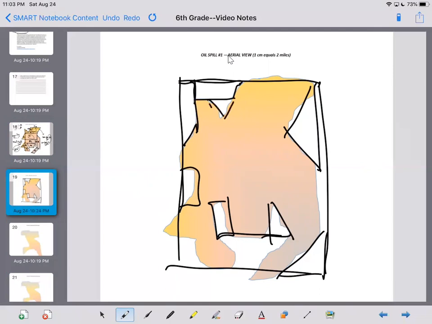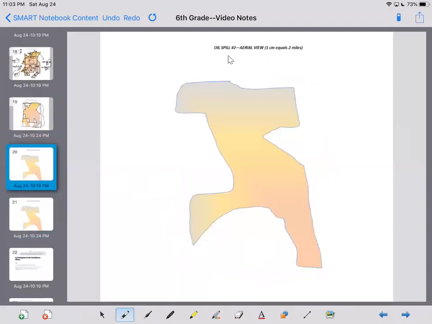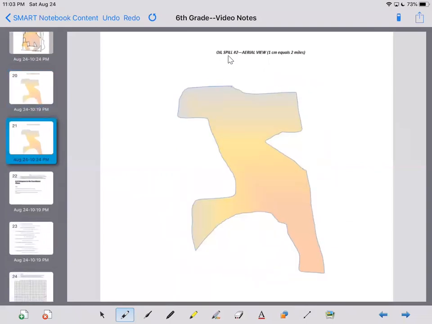And then they just find all those pieces, but then they subtract out after they figure out what their length and what their width would be using centimeters. 1 centimeter equals 2 square miles. So I would encourage you to use that activity if you happen to be working with 6th grade. They enjoyed it, and we definitely gave them plenty of time to work on that. It's certainly not something you can do in one class period.